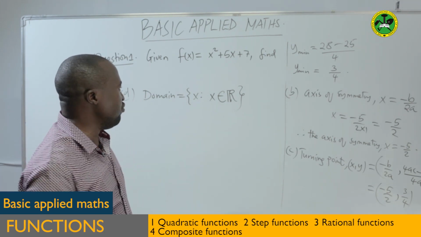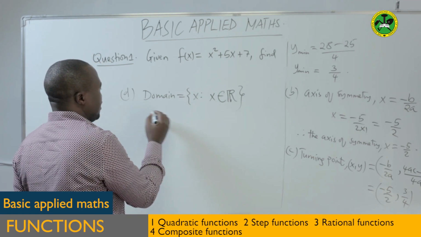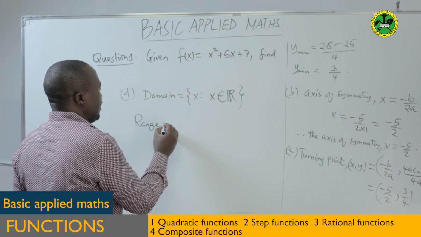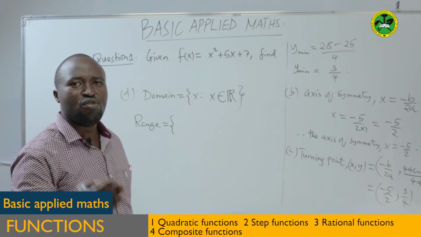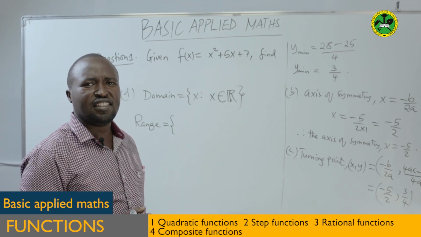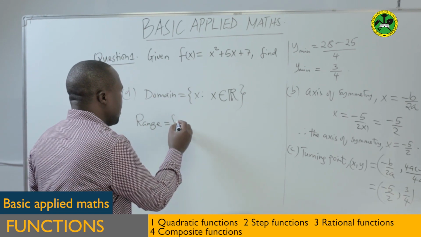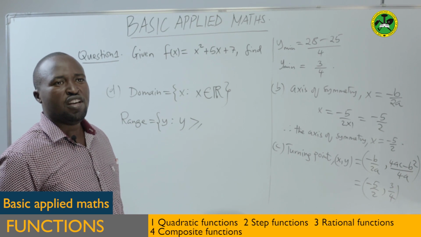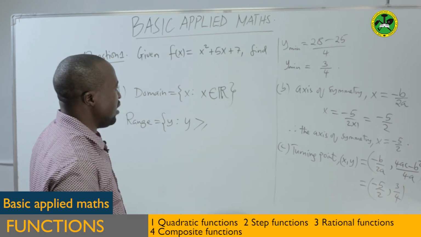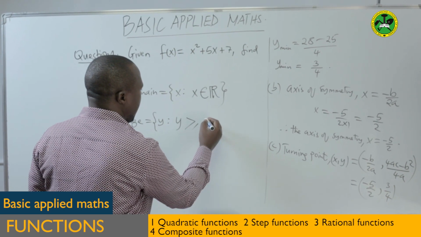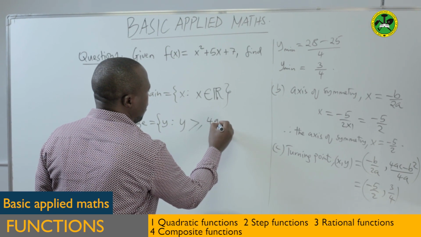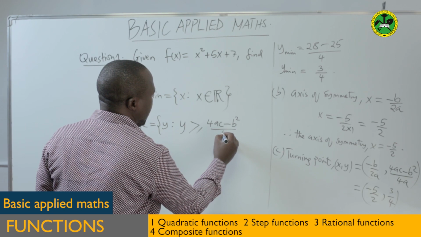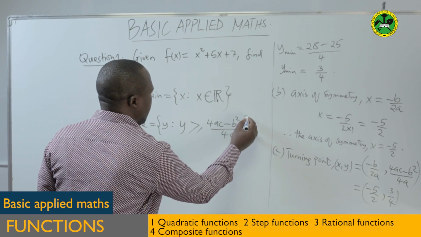But for the case of range, for a quadratic, range refers to y values or second entries. So y should be greater than or equal to the minimum value. Remember, the minimum value is given by 4AC minus B squared over 4A.